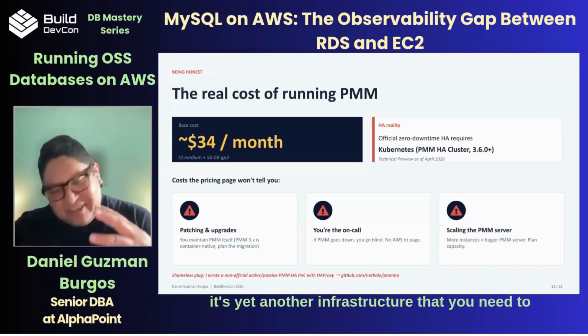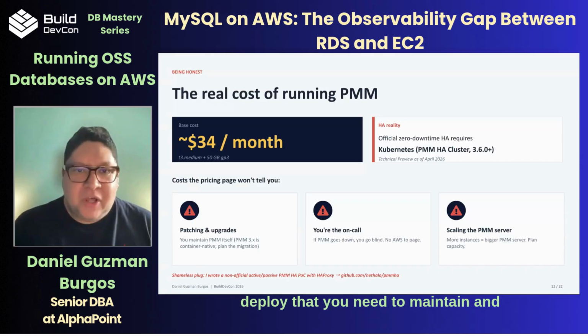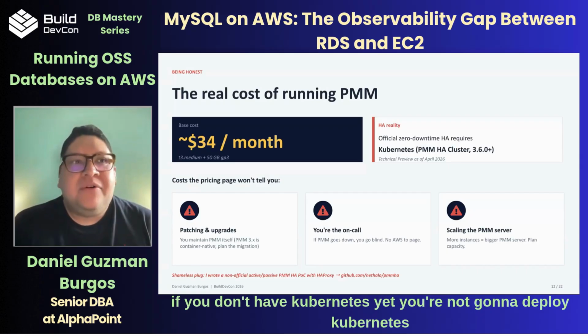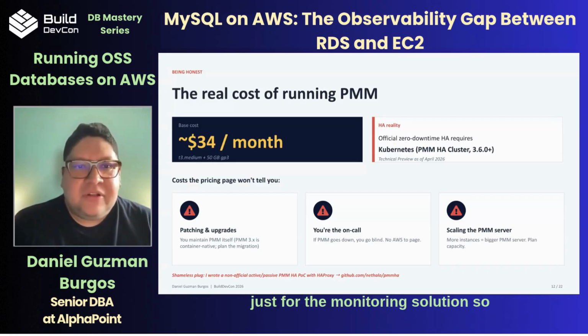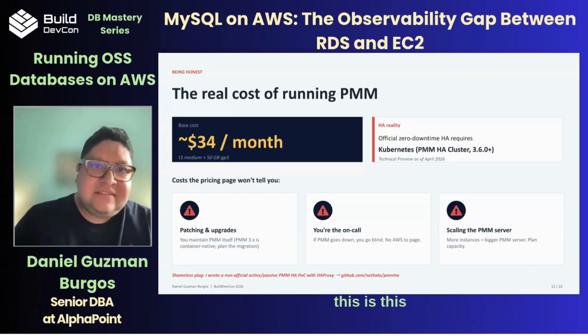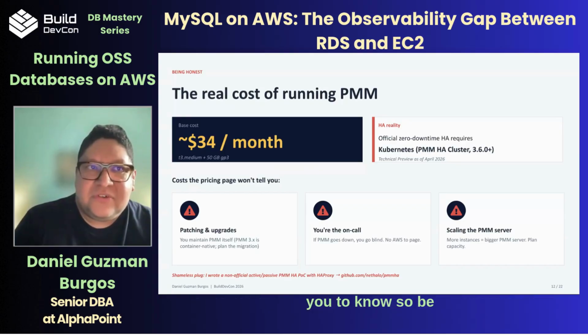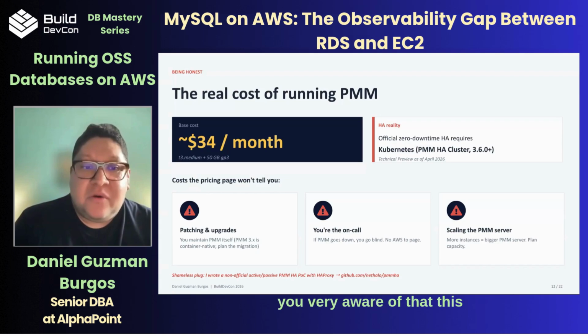It's yet another infrastructure that you need to deploy, that you need to maintain. And if you don't have Kubernetes yet, you're not gonna deploy Kubernetes just for the monitoring solution. So this is the HA reality. This is something that is important for you to know. So be very aware of that.